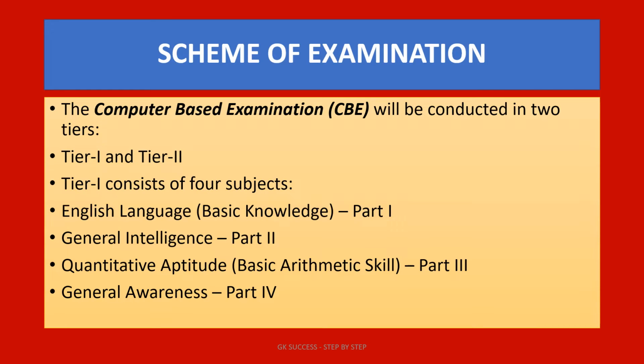The second one is general intelligence, part 2. The third subject is quantitative aptitude, basic arithmetic skills. This is part 3. And in part 4, the subject is general awareness. These are the 4 subjects covered in Tier 1.